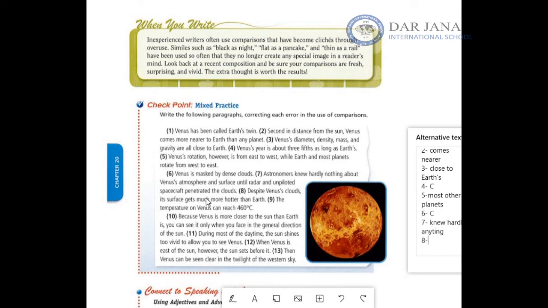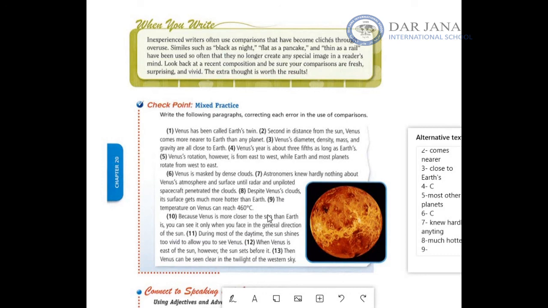More is useless here. So we should use only one form of comparison: much hotter than Earth. This is the correction.